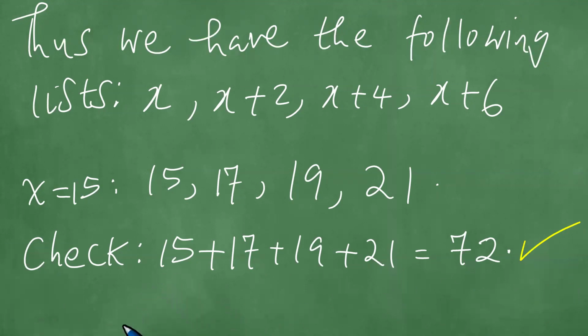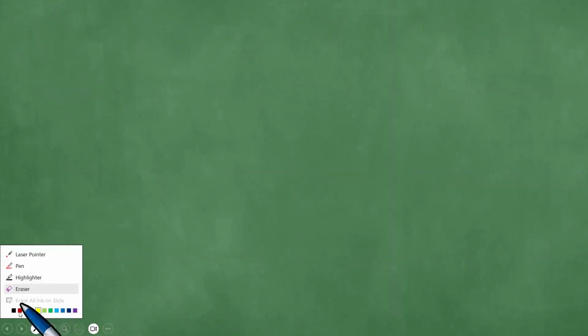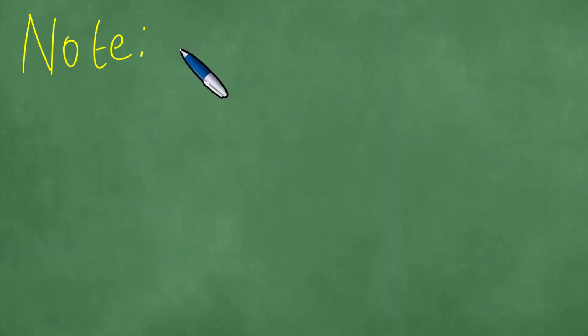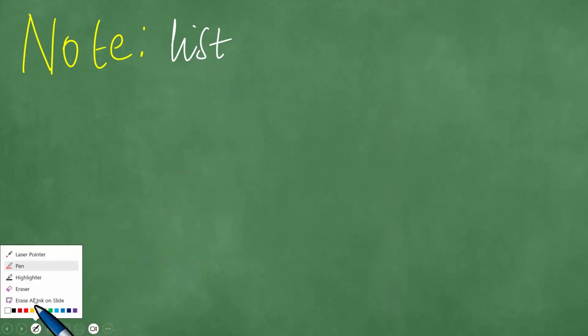However, there is more that we need to say here. So we need to include a little comment. Note that. Let's note down the following. Consider a list of the following odd integers.